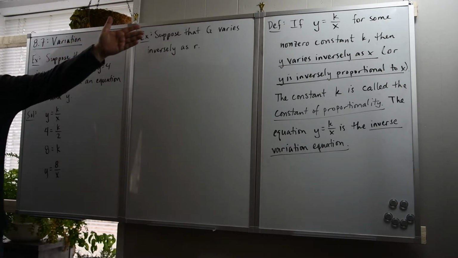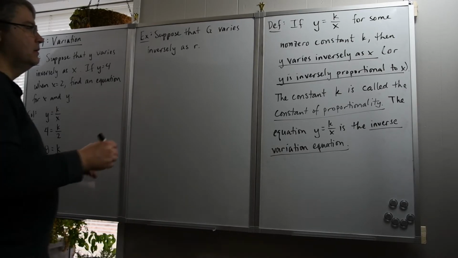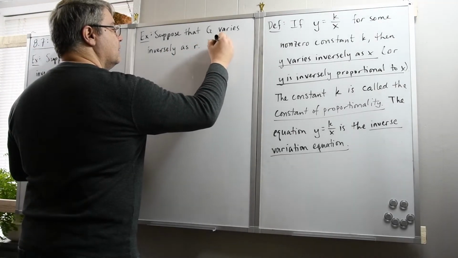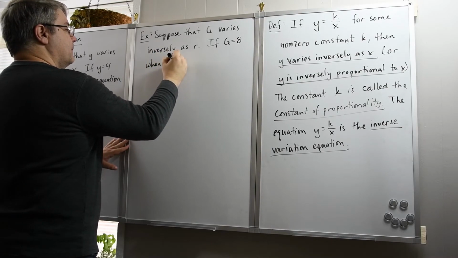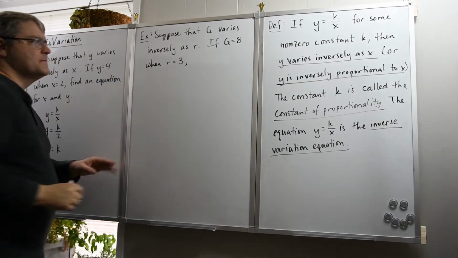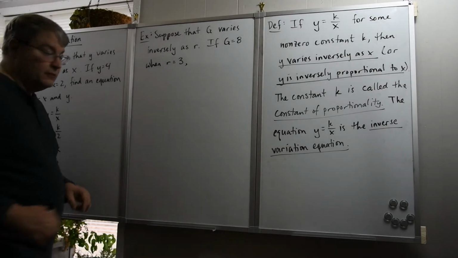In this case, capital G equals K over R. So let's suppose G equals 8 when R is equal to 3. So if capital G equals 8 when R is equal to 3, then what is R when capital G equals 4?